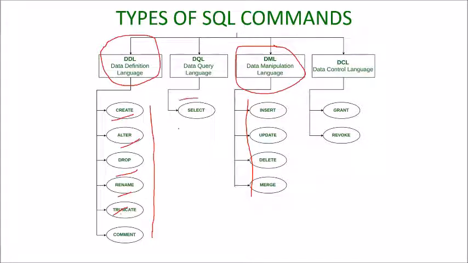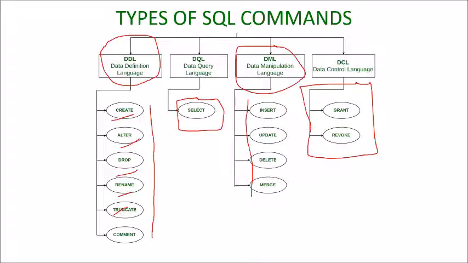DQL, one command is there, that is select, to display the data in the table on the screen. We use the select command. DCL, that is data control language. This is not in your syllabus, still I'll tell you. It consists of grant and revoke. It is just used for security.